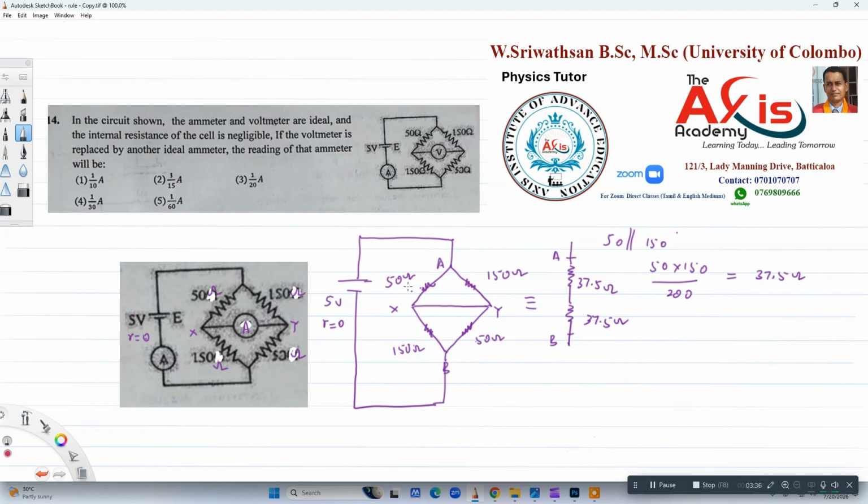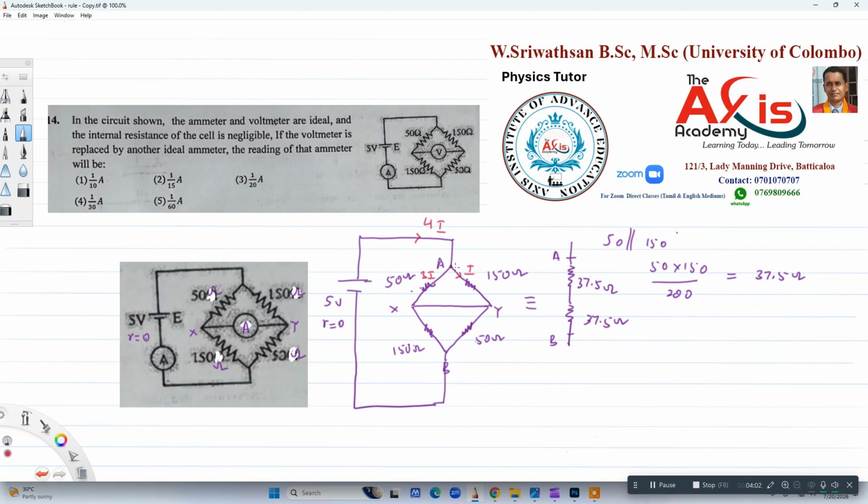Look at this. This resistance is 50 ohm. This is 150. So the ratio is 1:3. If 4I current is coming through the point A, then what will happen? 3I will pass through this way AX, and I will pass through AY.